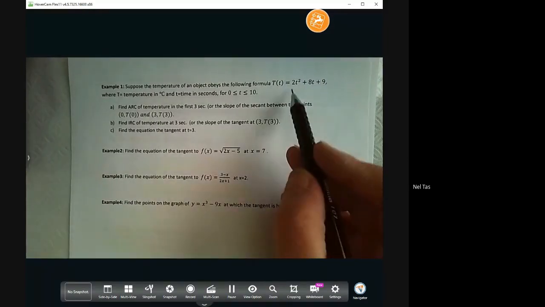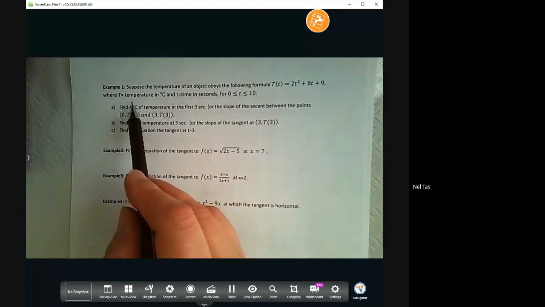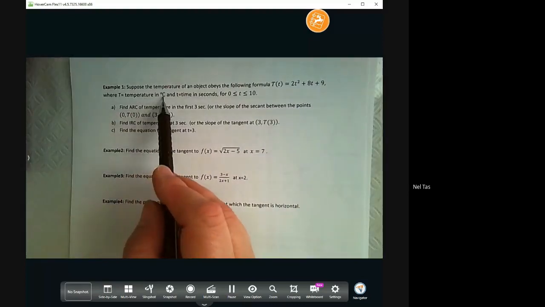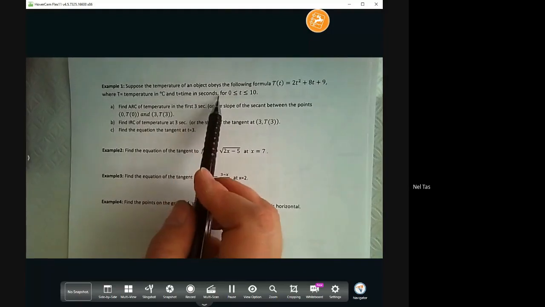Now let's look at some examples. Example 1. Suppose the temperature of an object obeys the formula T of t equals 2t squared plus 8t plus 9, where T is the temperature in centigrade degrees and t is the time in seconds.